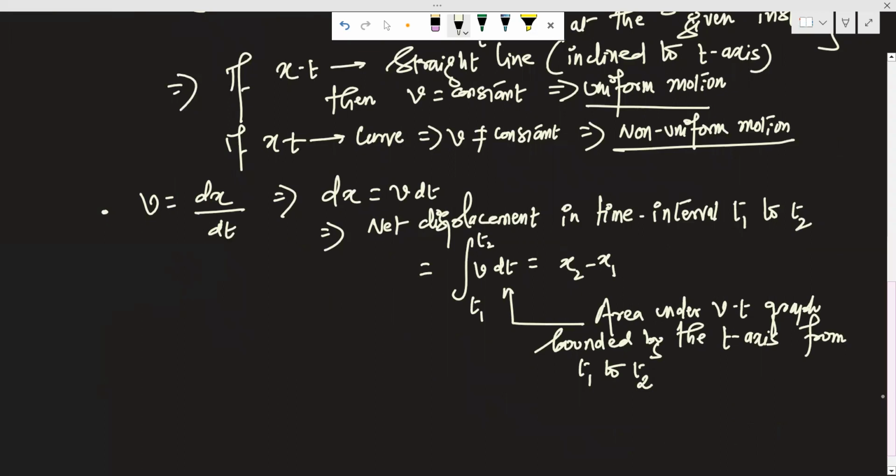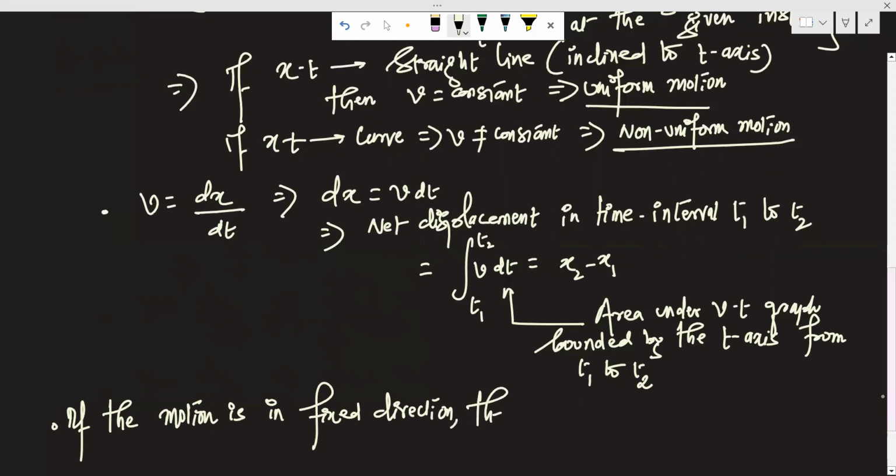Okay. Now, if the motion is in a fixed direction, then the distance covered will also be equal to the integration of v dt from t1 to t2, but its modulus.